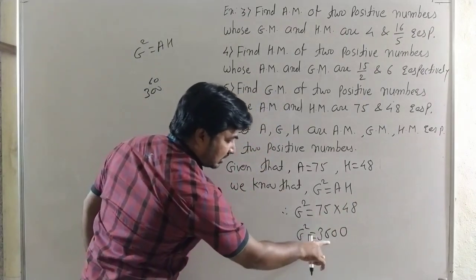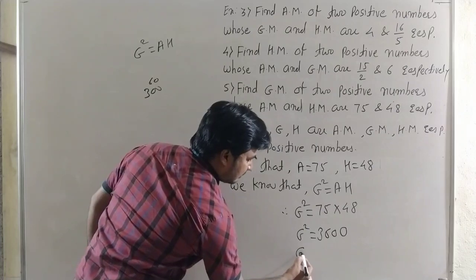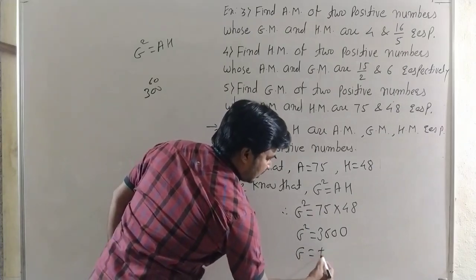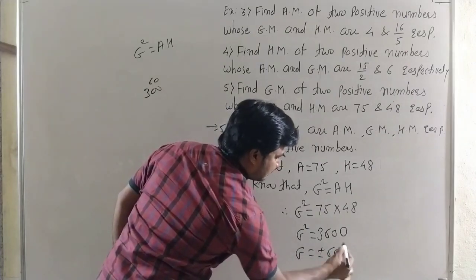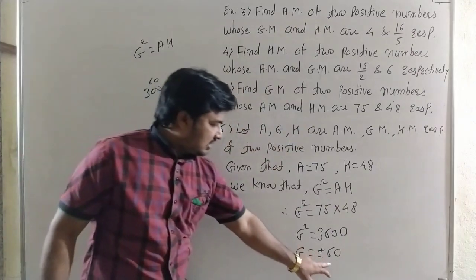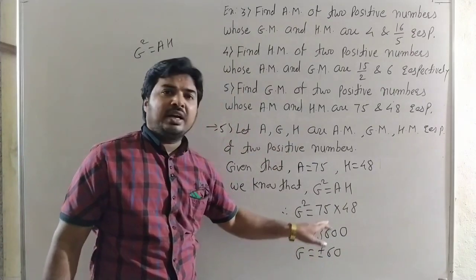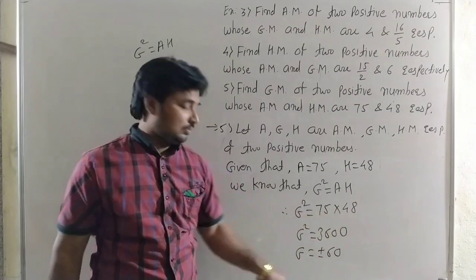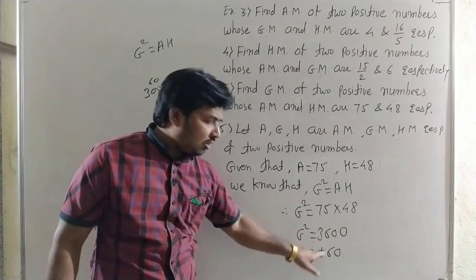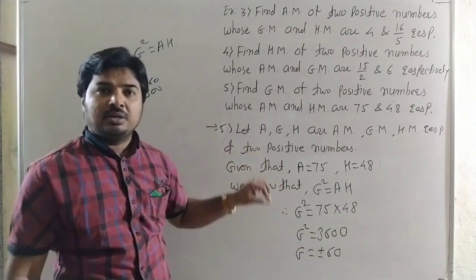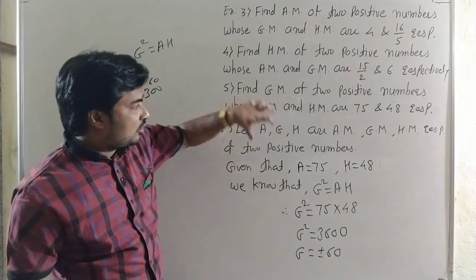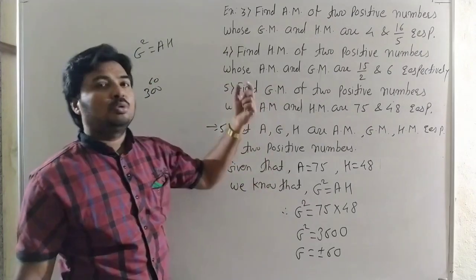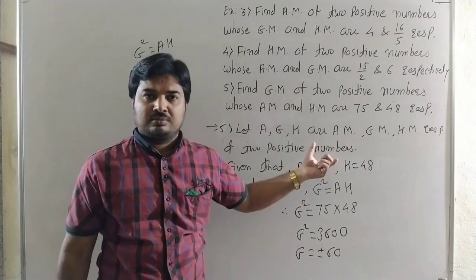See carefully now, it is 36. We want to find the G. It is plus or minus 60. Okay, 60 square is 3600. Therefore G is equal to plus or minus 60. But here we want to find the geometric mean of two positive numbers.